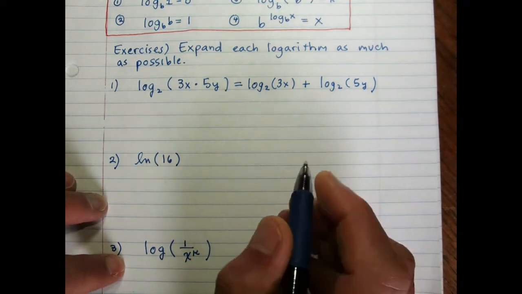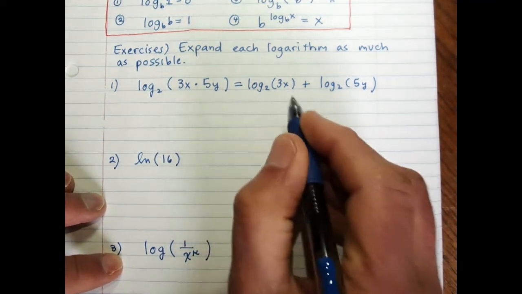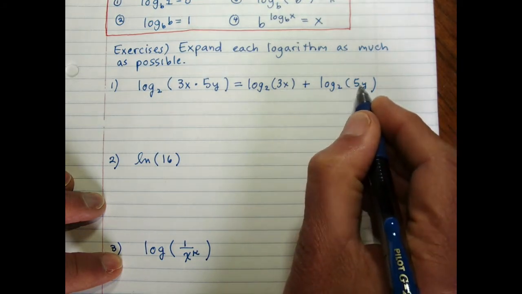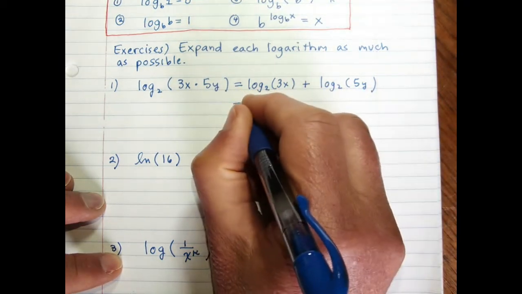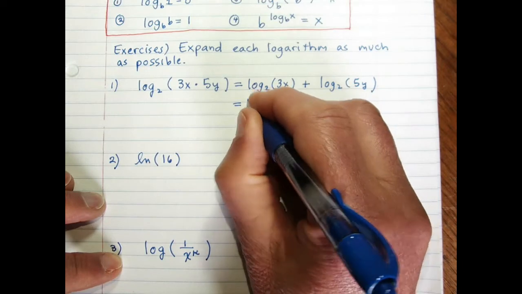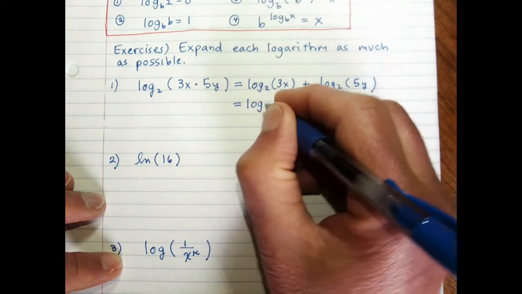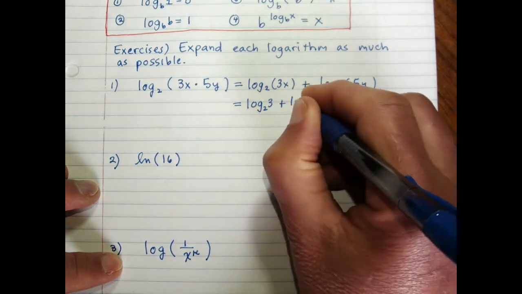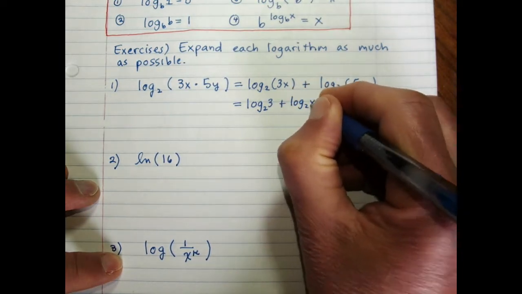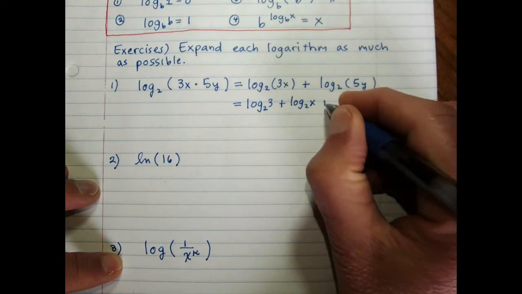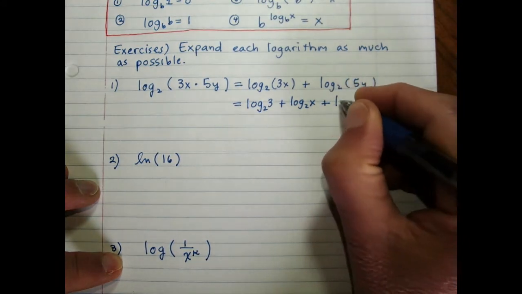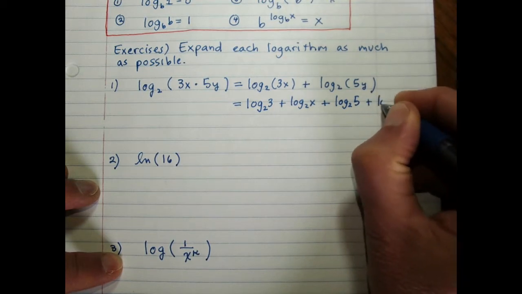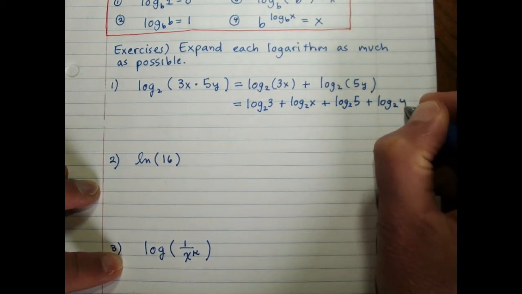And I can actually keep going because 3x is 3 times x. That's another product. 5y is 5 times y. Each of these logs can be taken apart as a sum of logs. Log base 2 of 3 plus log base 2 of x plus log base 2 of 5 plus log base 2 of y.